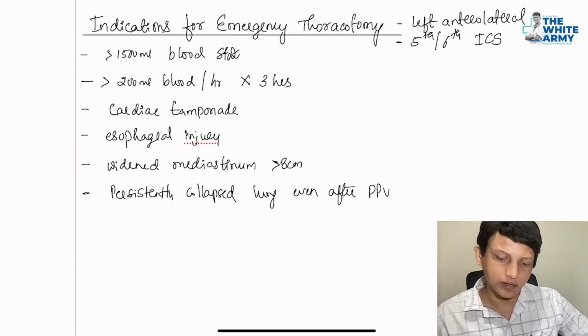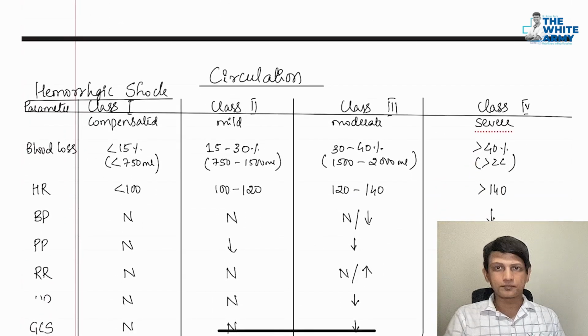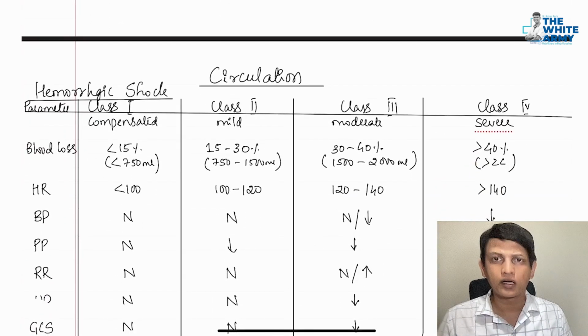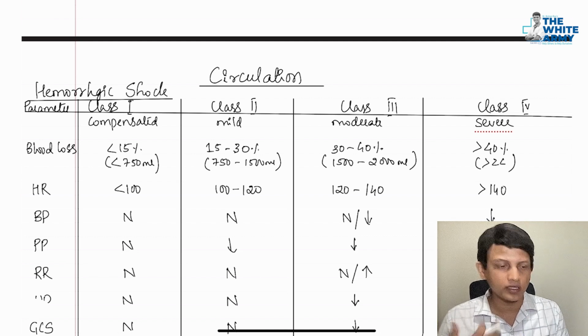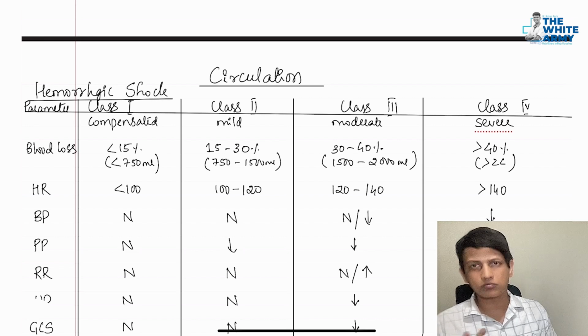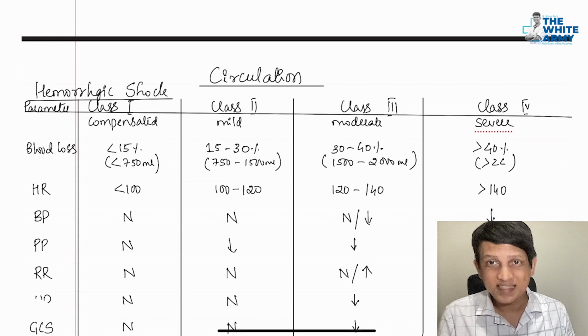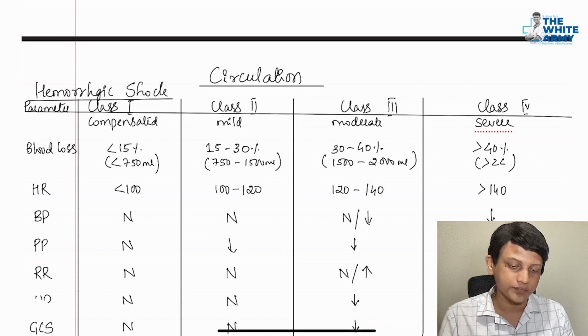Once you manage the breathing, if there is an abnormal pattern of breathing, you suspect some lung injury, maybe pneumothorax, you manage accordingly, and then only go to C, circulation.